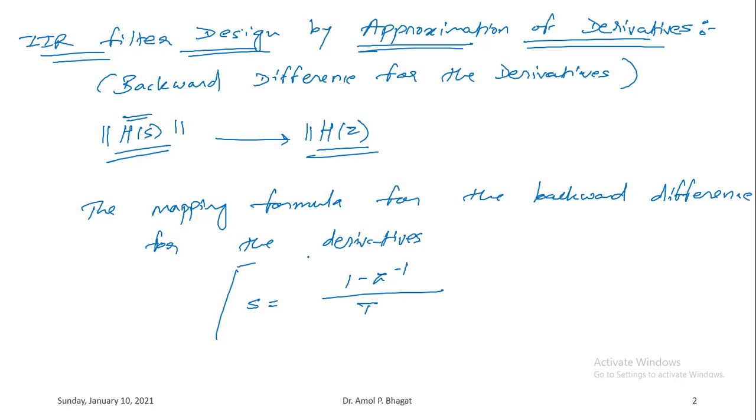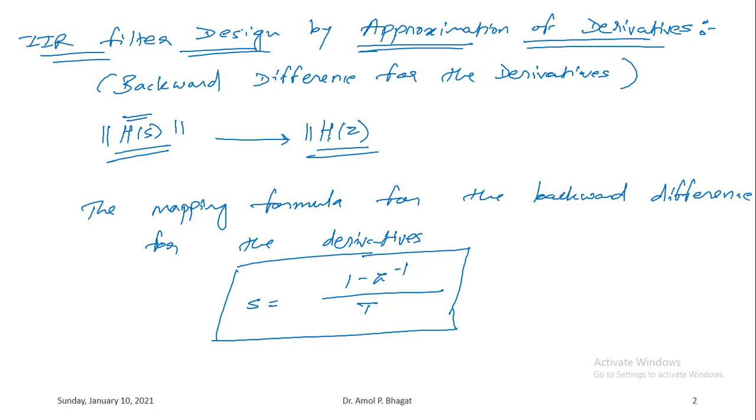Okay, so this mapping formula will be used for converting the given analog system, or analog filter, into the digital filter by converting its analog system function into the digital filter's system function. So we'll be converting H(s) into H(z).